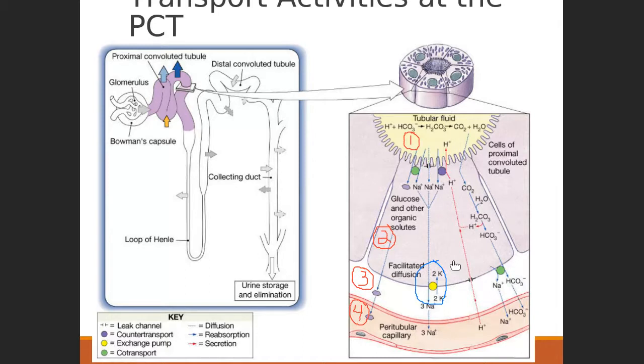The answer to that question is low. We've got active transport pumping sodium out of that cell, creating a low concentration of sodium inside the cell, and therefore a high concentration of sodium in the interstitial spaces.